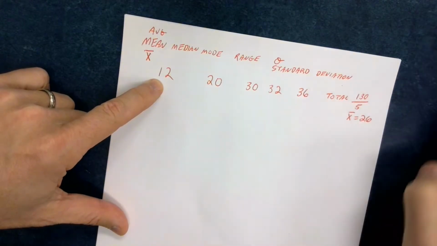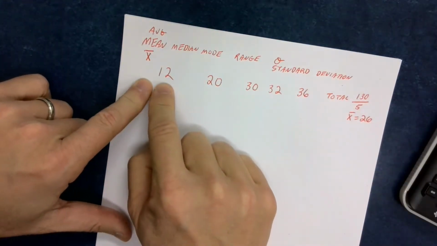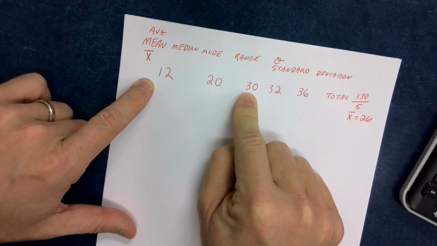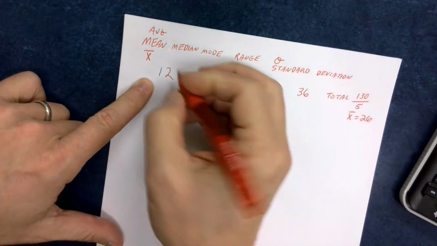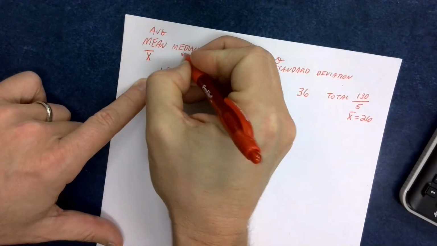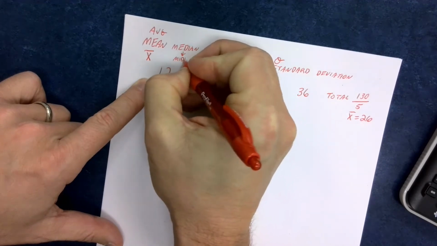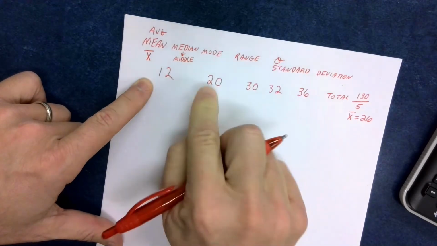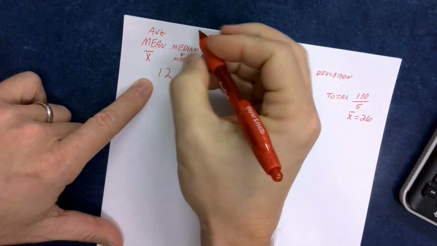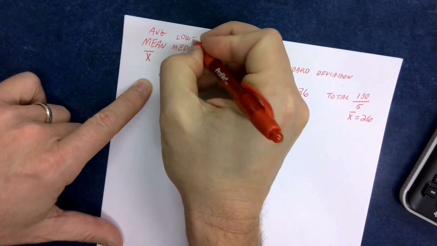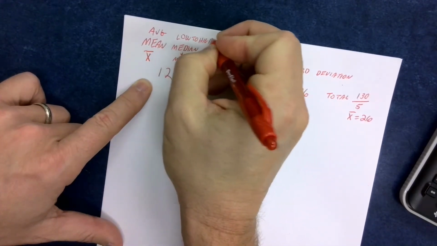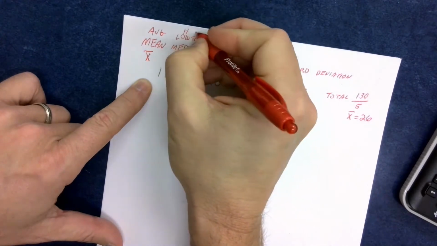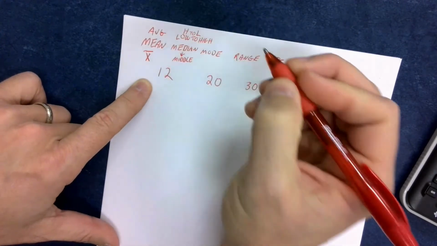Okay, and we're going to talk about those types of numbers too, because you can see that our middle number here is 30, and that's the next thing I'm going to talk about. So a median is the number that's in the middle, but you can't just say it's in the middle from a list. It has to be in the middle if it's ranked from low to high or high to low.